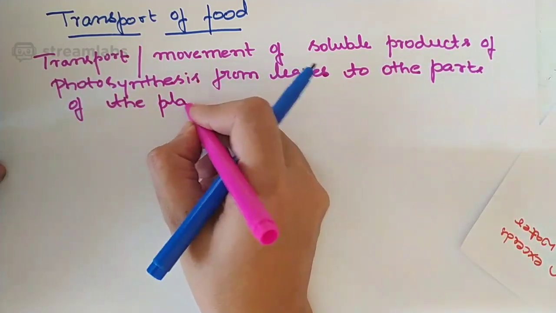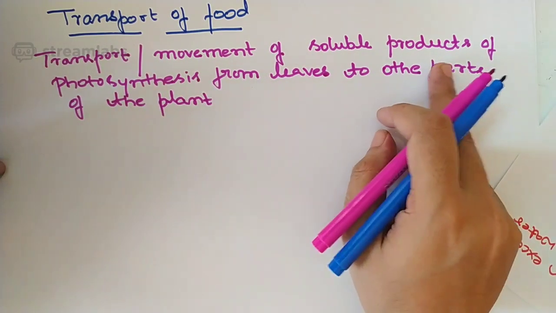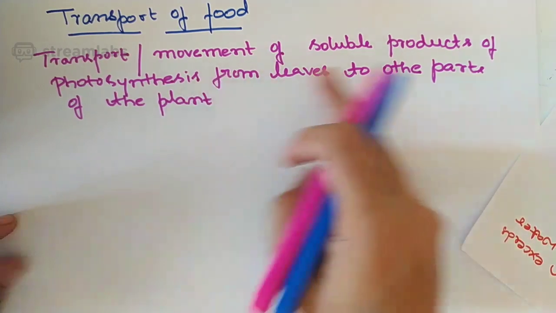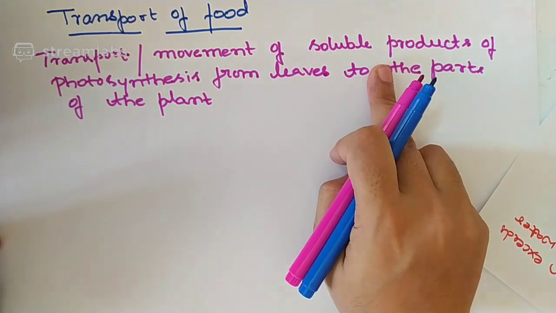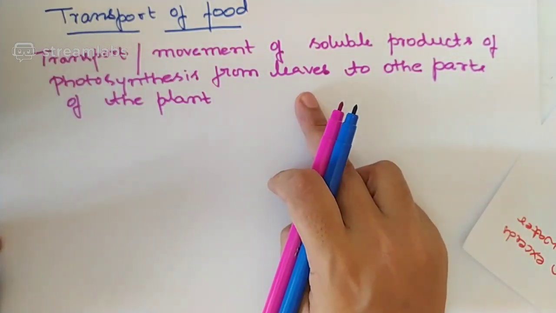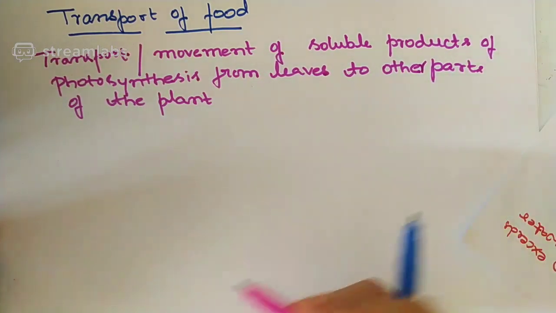What happens, students? There is transport or movement of soluble products of photosynthesis. Earlier we have studied photosynthesis, the reactions involved in photosynthesis, and now we know the products of photosynthesis. The soluble product of photosynthesis is transported from the leaves to the other parts of the plant.